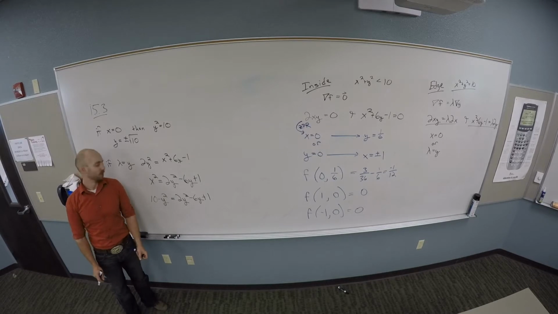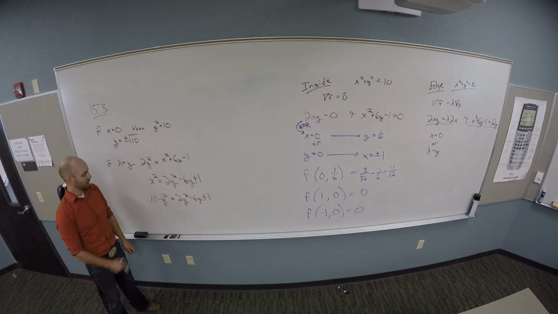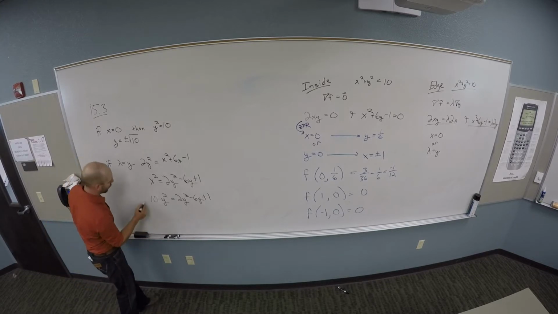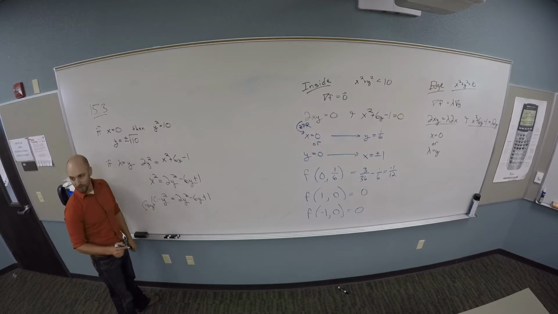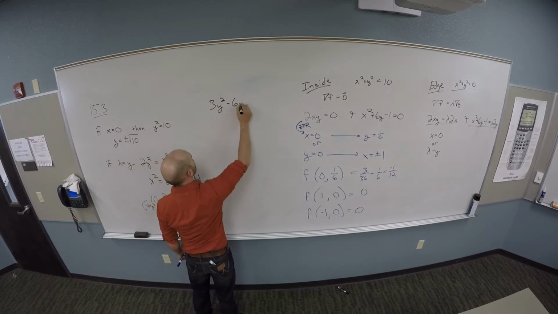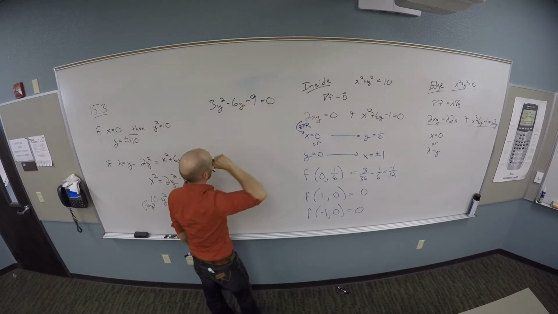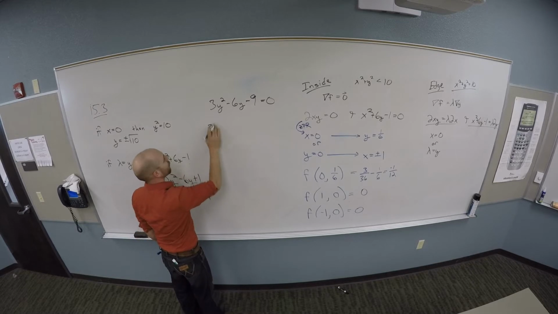Okay, so how do you solve this thing? Set it equal to 0. Okay, I want to make it equal to 0, so subtract 10, add y squared. So 3y squared minus 6y minus 9 equals 0. I can factor it, it's actually nice.